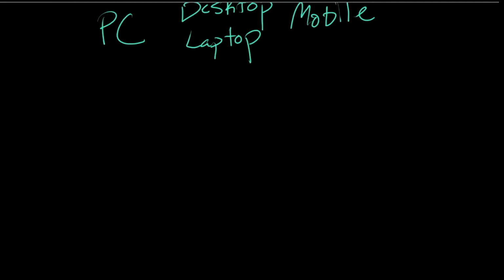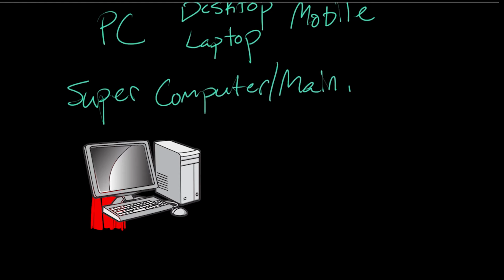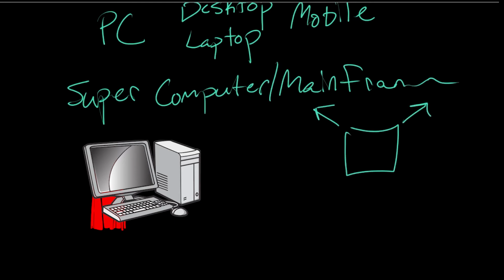All right, and then the third type of computer that I want to talk about is the supercomputer. A supercomputer can sometimes be known as a mainframe as well. And all this is a regular computer that's scaled to a much larger size. A normal computer might be able to do so many calculations, but a supercomputer could do a lot more calculations than a normal computer.